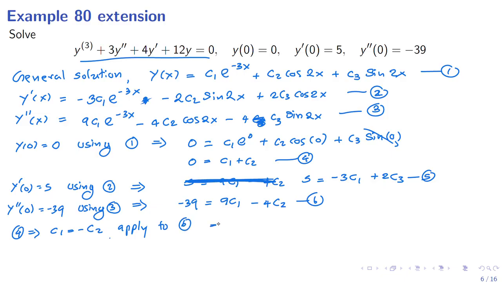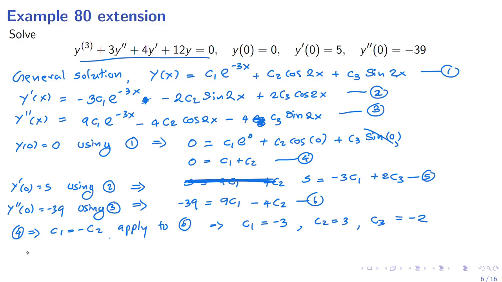We will get a value of c1 as minus 3, and then if c1 is minus 3, c2 is plus 3, and then if we use the fifth one, we should be able to get c3. We get the value of c3 as minus 2.